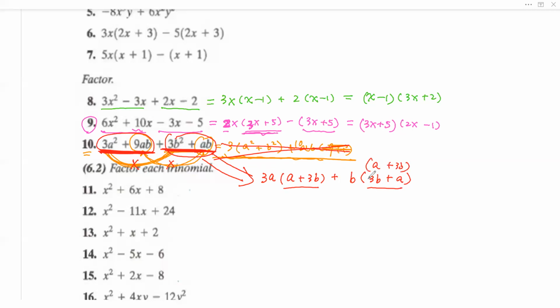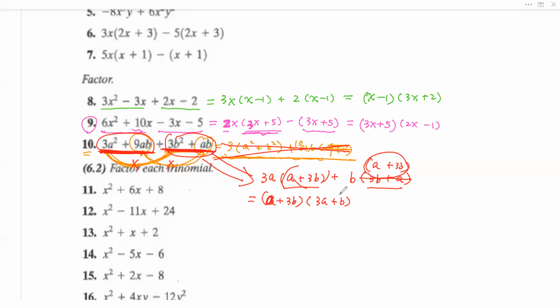They are common. We just adjust here. So you can write a plus 3b, a plus b is the group factor. A plus 3b is the group factor. And the rest again, 3a plus b, right? So it will be changed like this.